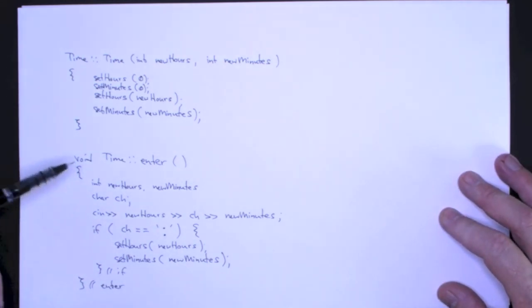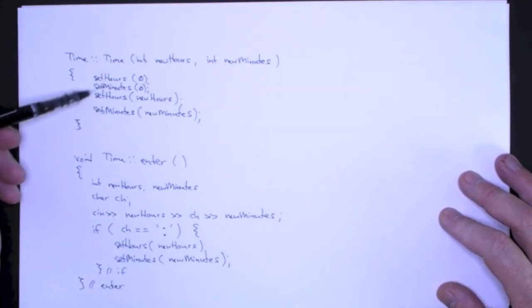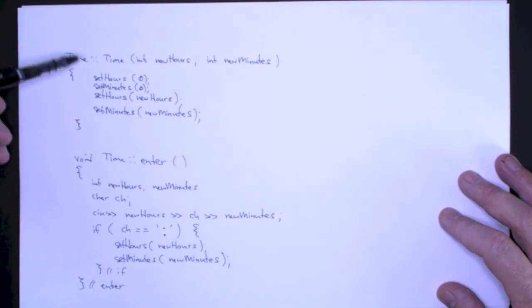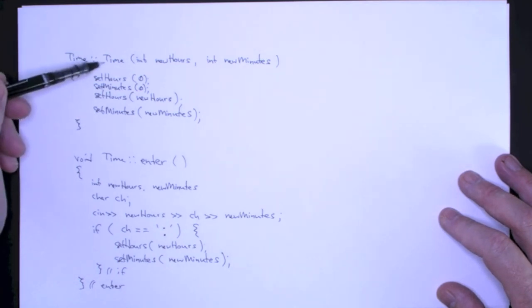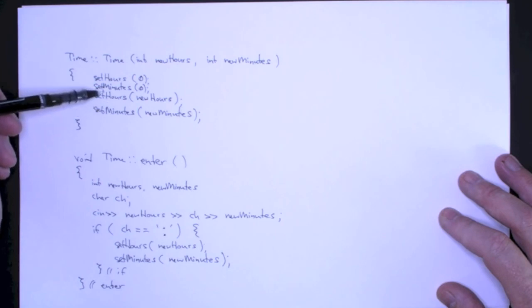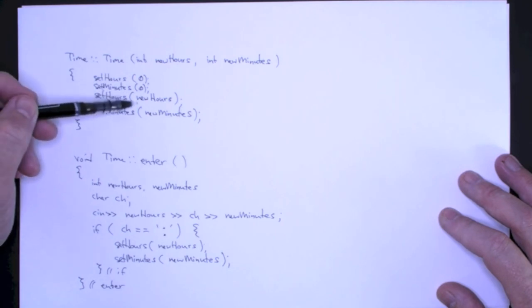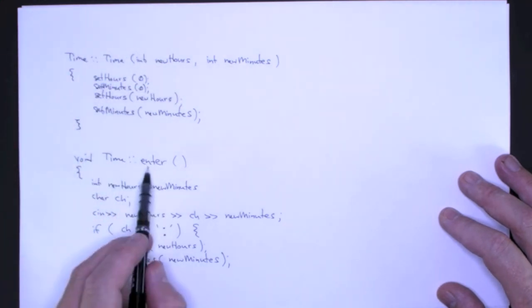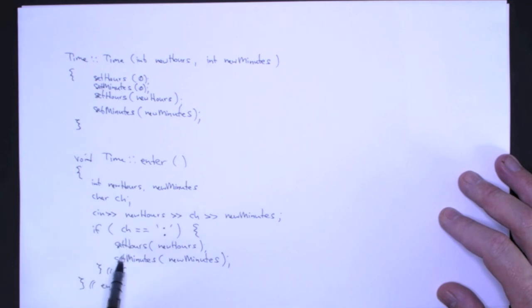So now what we've done is implement our data integrity checks in set hours and set minutes, and we have our explicit constructor calling those set methods so that we know we're applying those data integrity checks to any new values. And we did the same thing in enter, where we're validating the input coming through the keyboard.